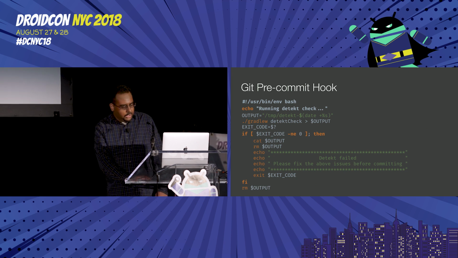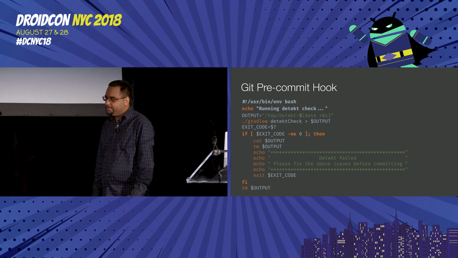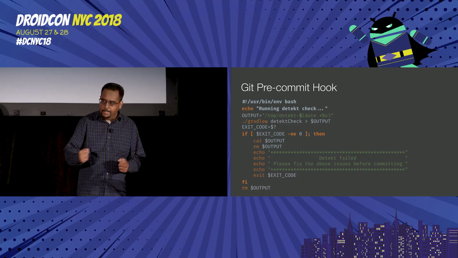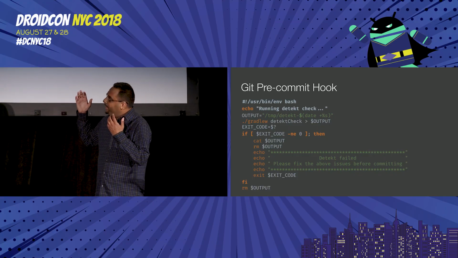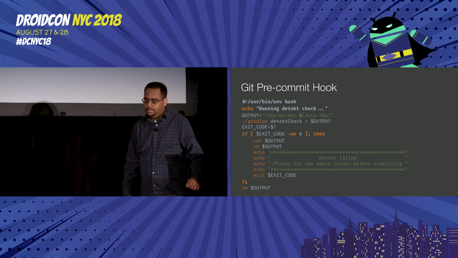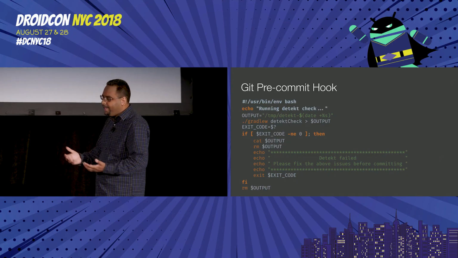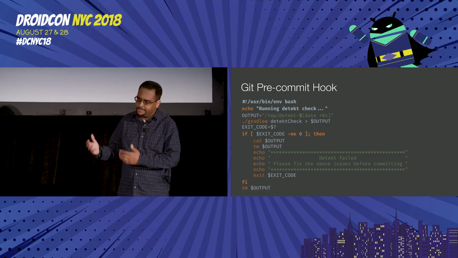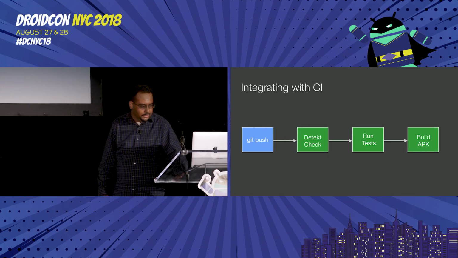One way to do it is to create a git pre-commit hook. So before you commit, Detekt will run. This was created by my colleague Brent. And this is a git commit hook that you could set up locally, right? Now, if you're a developer who procrastinates and doesn't set this up, there's another fail-safe that you could do.